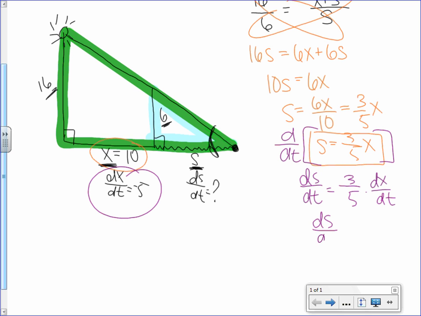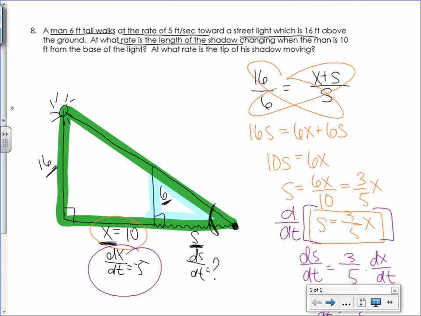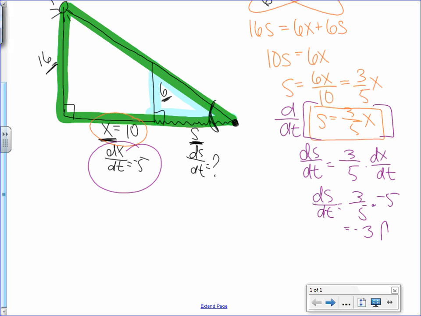So ds dt is going to be 3/5 times -5, which just equals -3. And I think this was feet per second. So -3 feet per second. So that's the rate that the length of my shadow is changing, which if you think about it, makes sense because as you walk toward the light, your shadow is going to shrink. Okay, so that was the first part.